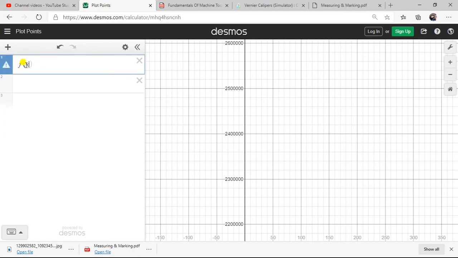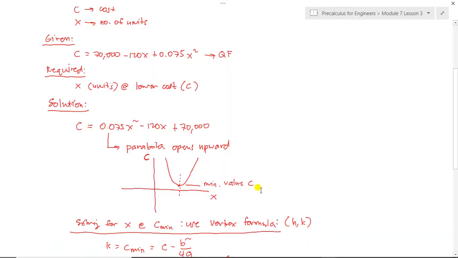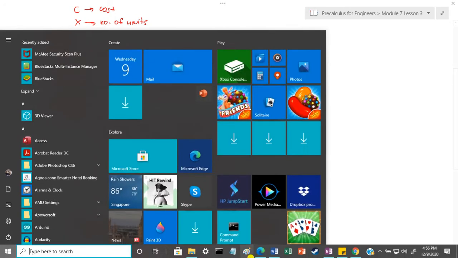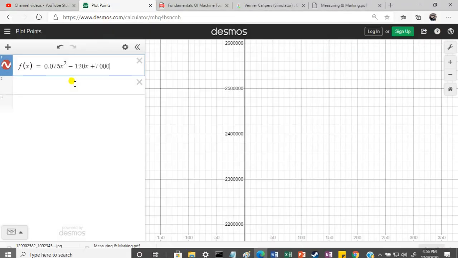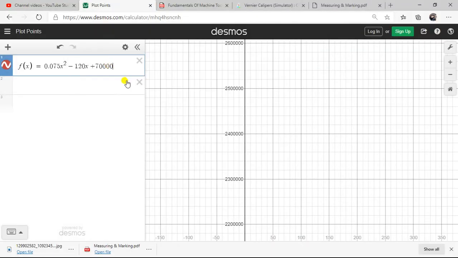So f of x is equal to 0.075x squared, then minus 120x, then plus 70,000.